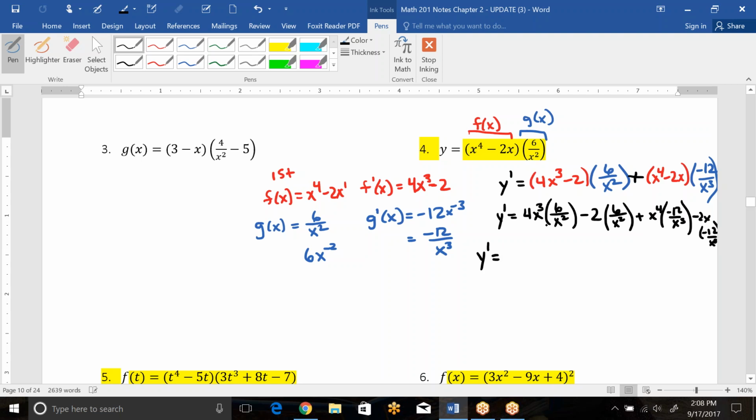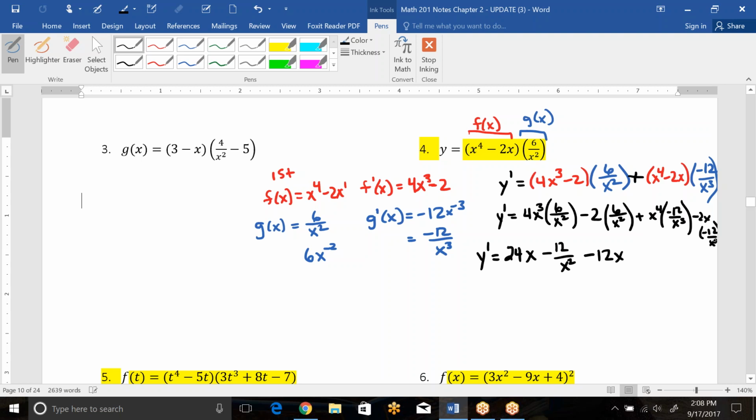So y prime would be, here all of the x's are going to cancel except for 1 on top, so that's going to be 24x. For the middle one, you get negative 12 over x squared, since no x's cancel. For this one, 3 of the x's are going to cancel out, so that's going to leave you with a negative 12x.